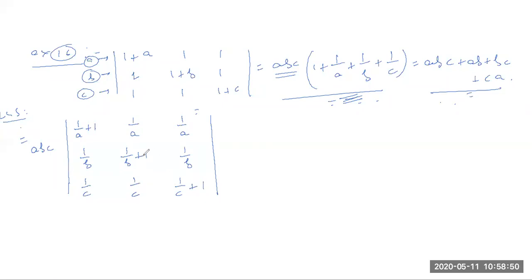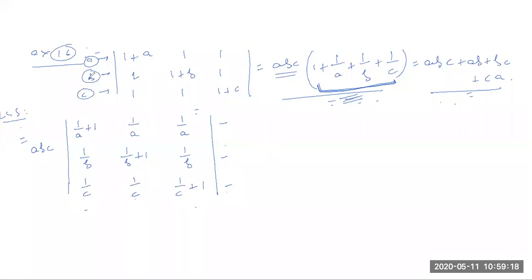Now let's see what can happen next in this. I hope it is clear what next step can be taken. Simply we can add all these three, R1, R2 and R3, because if we add them, we'll get this term, 1 plus 1 upon A plus 1 upon B plus 1 upon C. That term will come from adding these.